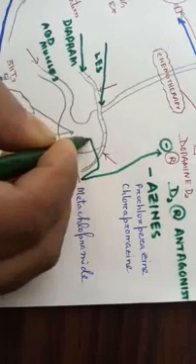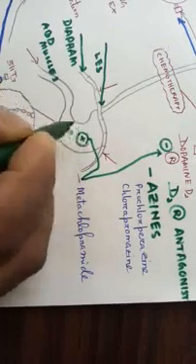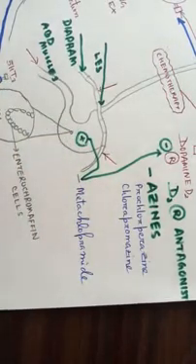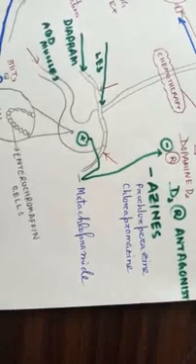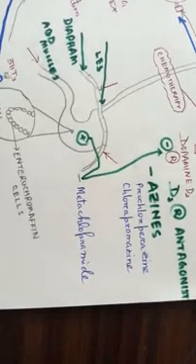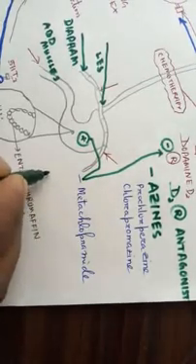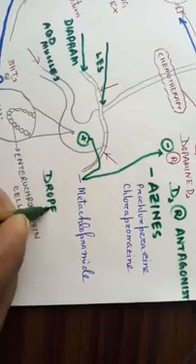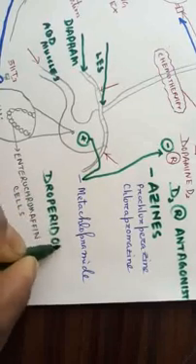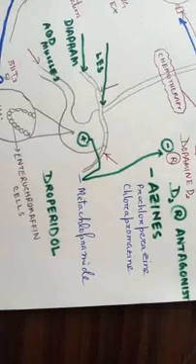The final group is droperidol, which also inhibits dopamine 2 receptors, similar to haloperidol. These are also antipsychotic medicines.